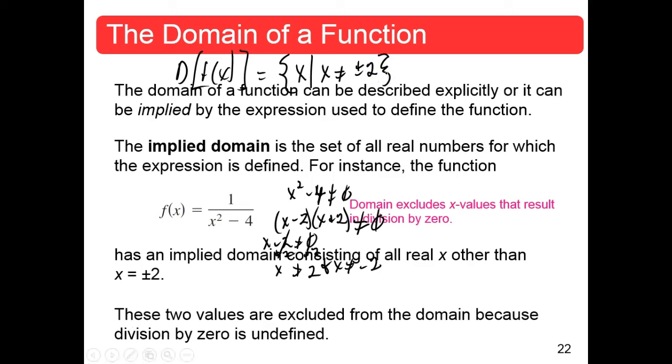Now, you can also write out, set of all x such that x is any real number except x can't be plus or minus 2. You can write it out any way you want, but that to me is the shorthand of saying x cannot equal plus or minus 2, okay?